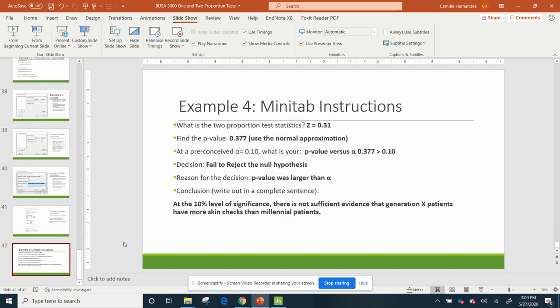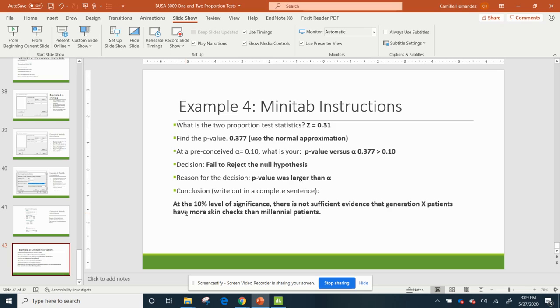So at this 10% level of significance, there's not sufficient evidence that Generation X patients have more skin checks than millennial patients. And we saw that when we looked at the samples that Gen X has slightly larger numbers, but not a huge amount.